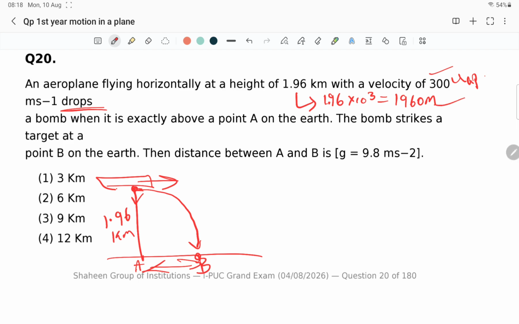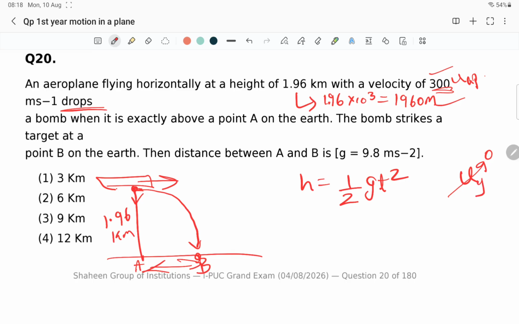Then H is equal to half gt square. U is 0 because we are dropping the bomb. Mind you, the velocity 300 is the velocity of the aeroplane. Bomb is being dropped downwards with velocity 0. To be actually honest, this is uy.